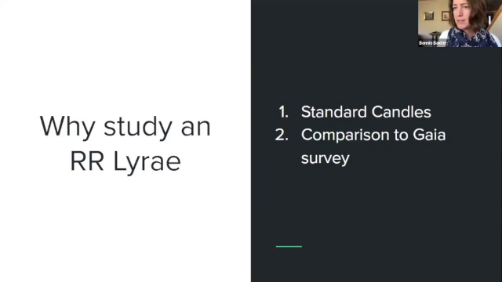Preston has a question. Yeah, a simple one. Over what distance range is this technique useful? Can it measure distances to other galaxies, or is this just within the Milky Way? So this is largely just in the Milky Way. There are several different methods that you can use.